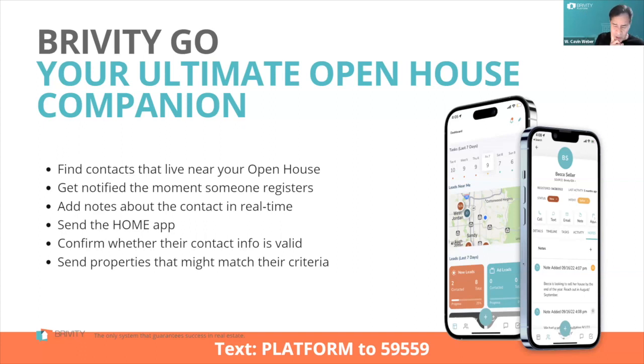By the way, in the Brivity CRM itself, we can tell if an email address is valid. We validate that email address already, and we'll be bringing that into Go as well. But this is validating the information and getting confirmation, and the home app helps us get confirmation.